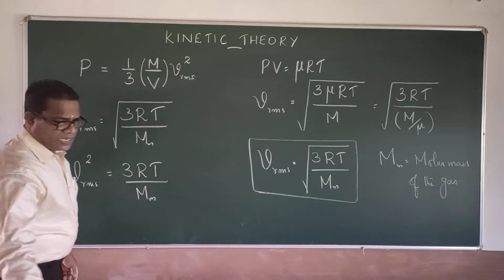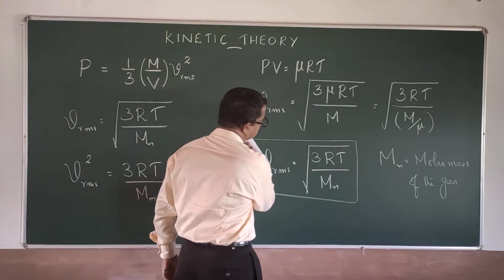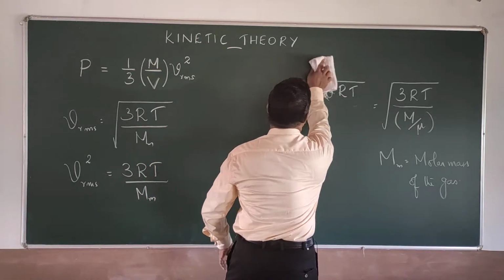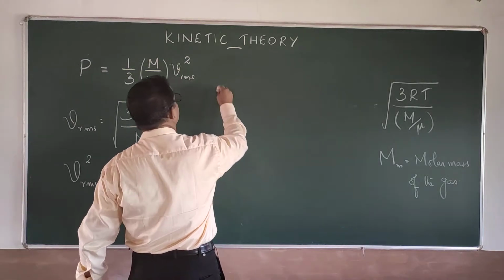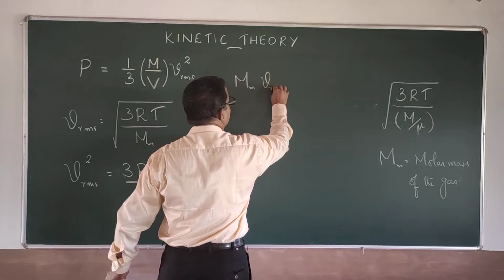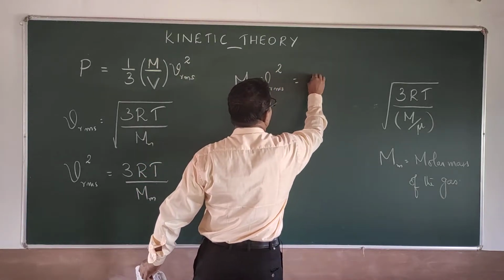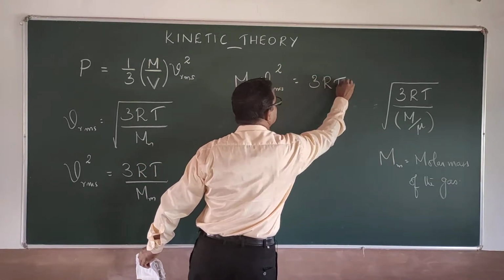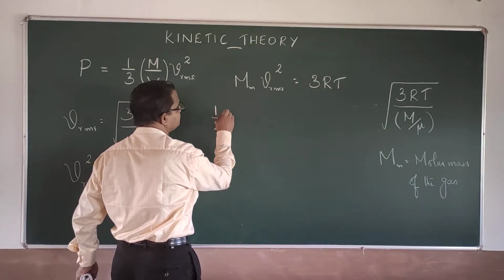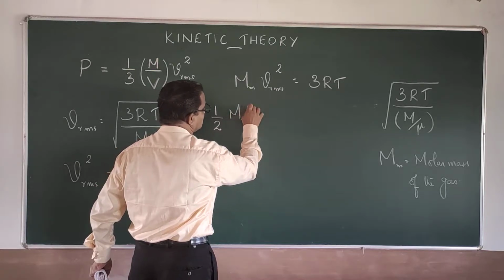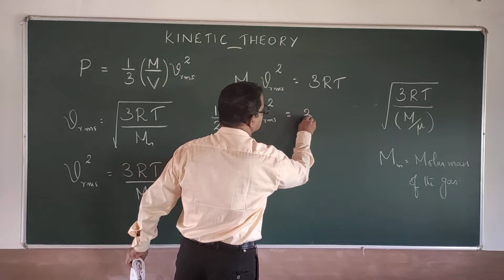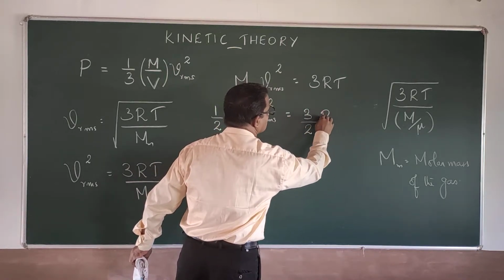Rearranging, molar mass into Vrms square will be equal to 3RT. If I multiply both sides by half, I get half into molar mass into Vrms square equal to 3 by 2 RT.